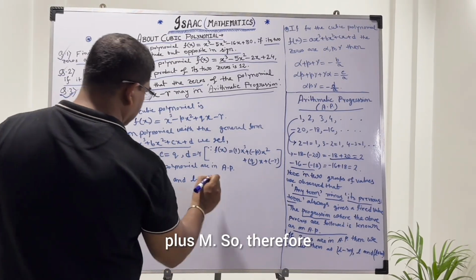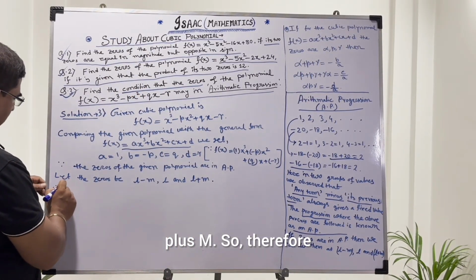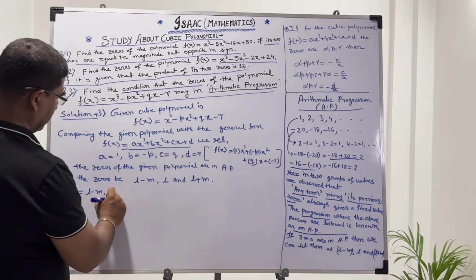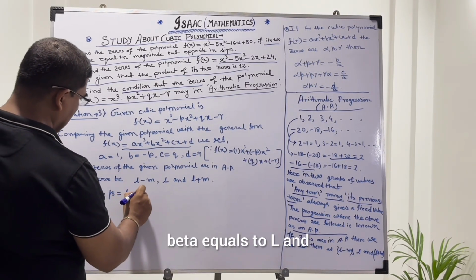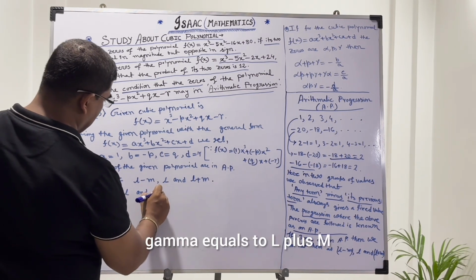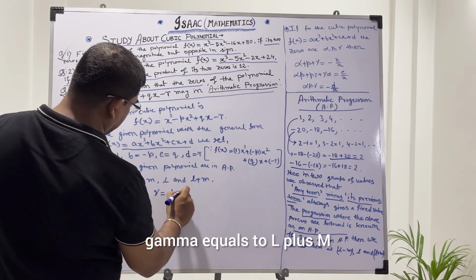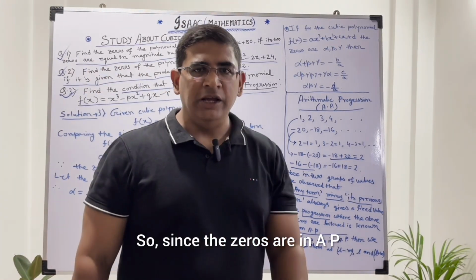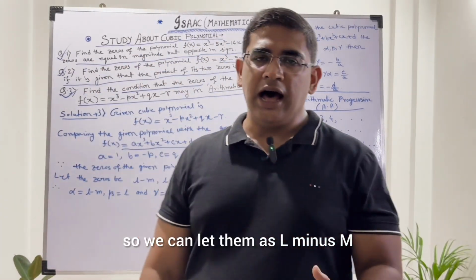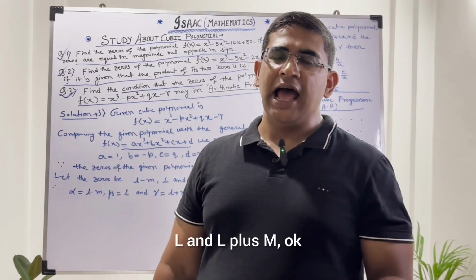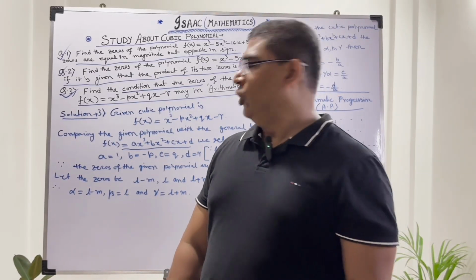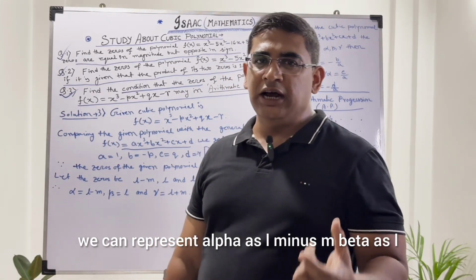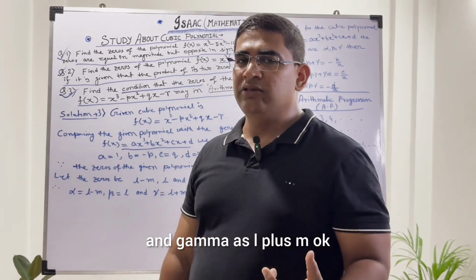Therefore alpha equals L minus m, beta equals L, and gamma equals L plus m. So we can represent alpha as L minus m, beta as L, and gamma as L plus m.